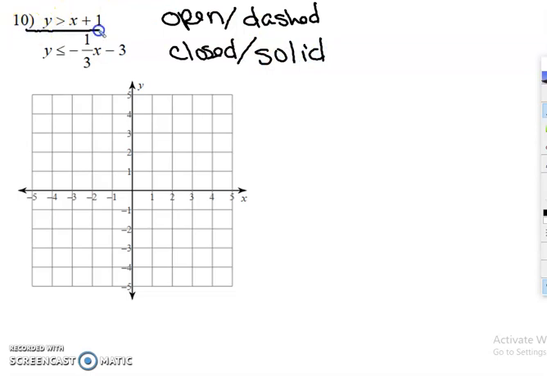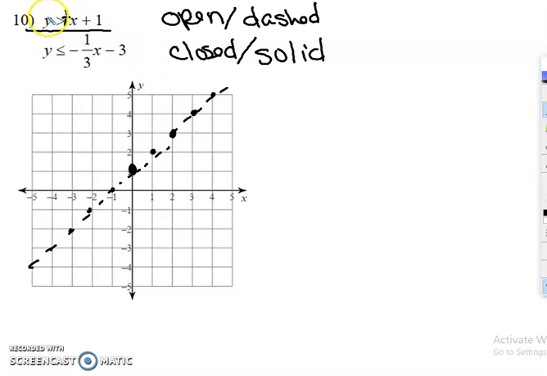When I graph this top one, I'm going to start at +1. What's my slope? 1 over 1. So I go up 1 over 1, up 1 over 1, up 1 over 1. And this is a dashed line, so I'm going to make it dashed.